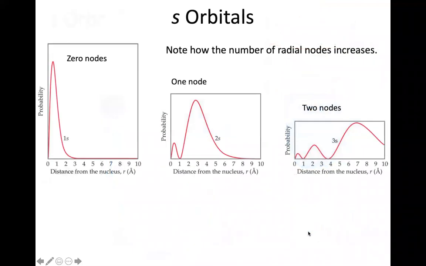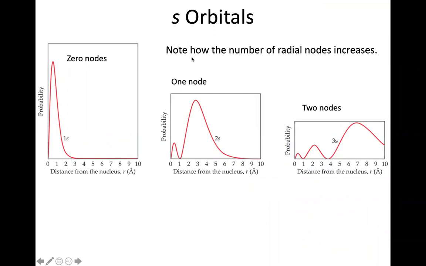Here's another close-up view on the nodes for our s orbitals. When we have a 1s orbital, we don't have any radial nodes. A 2s orbital has a radial node. A 3s orbital has 2 radial nodes, and it keeps going up from there.